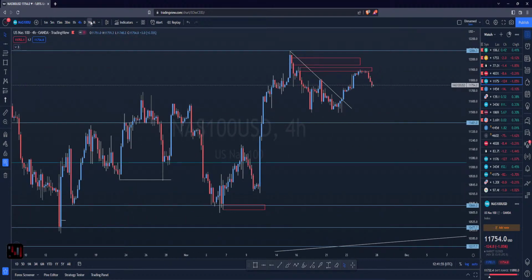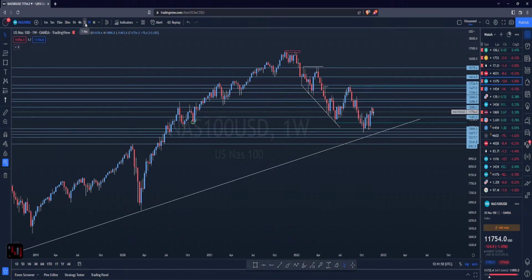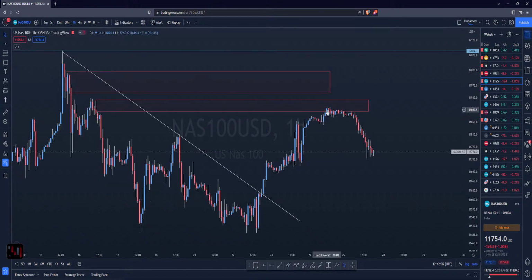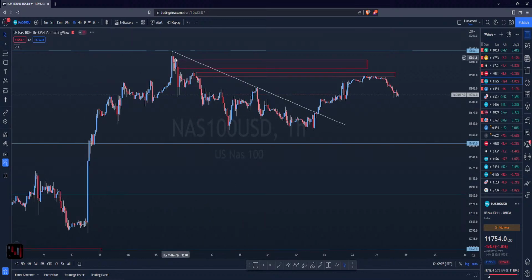This is what NASDAQ is doing. Yeah, could be a little bit higher. Let's see what it's going to do.